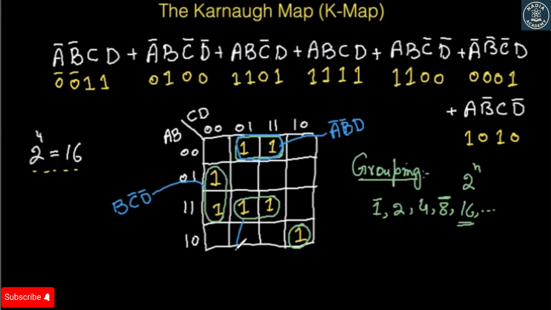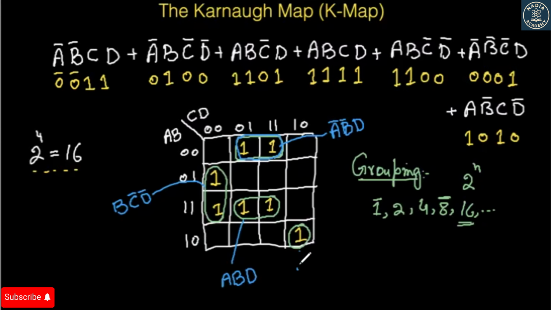Now the third loop over here, we can see A and B are persistent with the 1 value. So A is 1, B is 1. Now let's have a look at C changing. D is not changing, but its value is 1. So we have D. Then this fourth group is only one element.